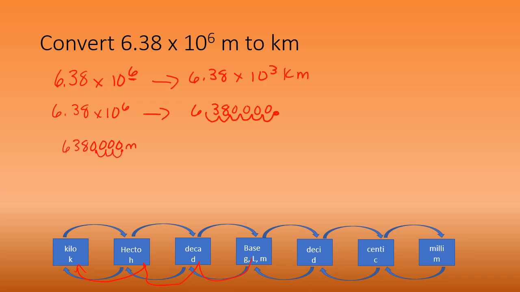So 6,380,000 meters becomes 6,380 kilometers, which is the same thing that we showed above, 6.38 times 10 to the third kilometers.